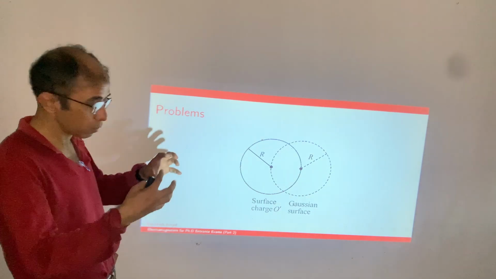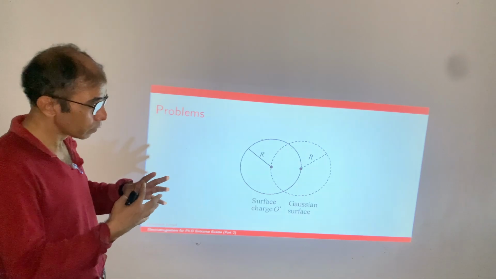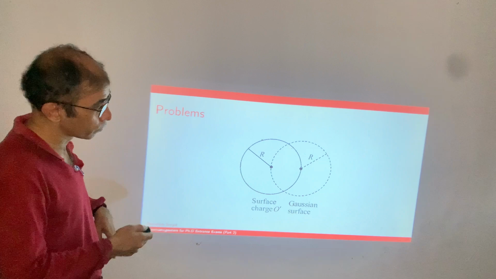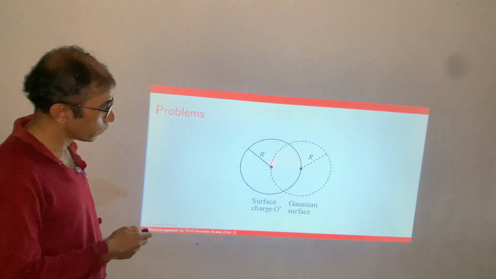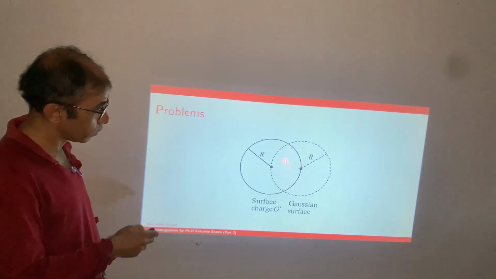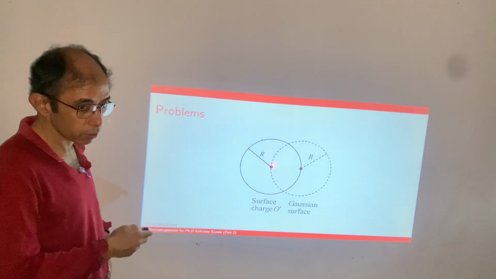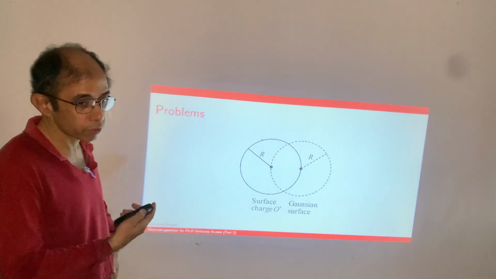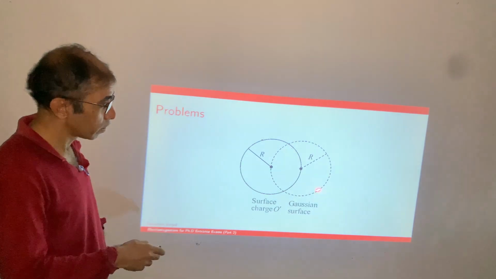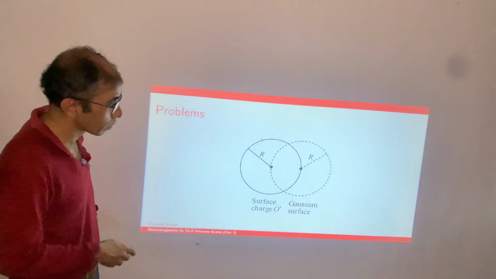These two spheres are intersecting each other. So we have to find out the surface area of this sphere. Once you find the surface area, we can find out the charge that is enclosed, and after that it's trivial. You can easily find out the electric flux across this Gaussian surface.